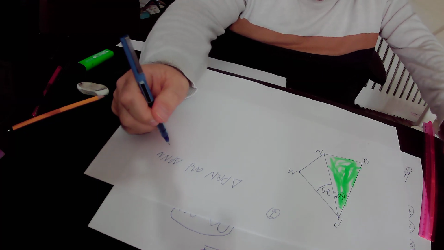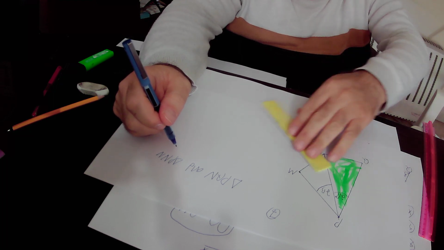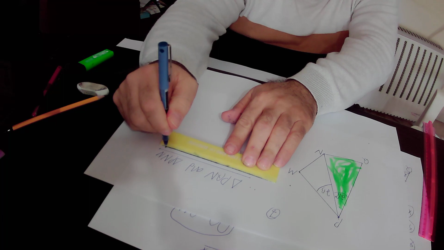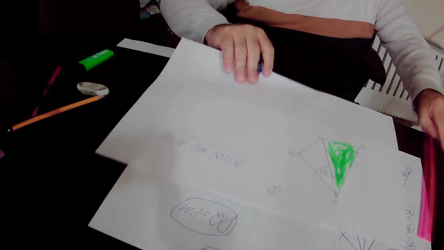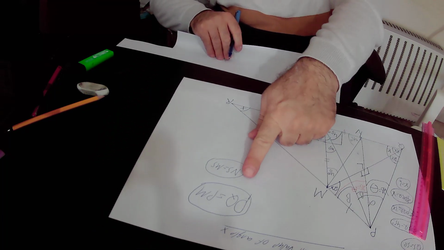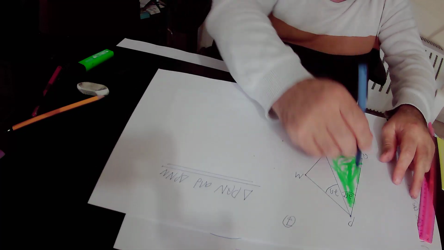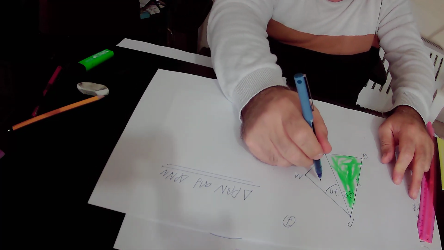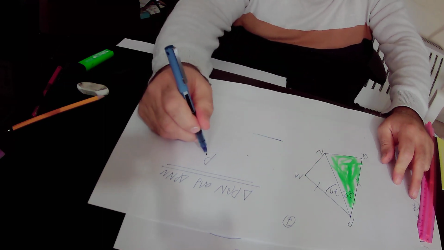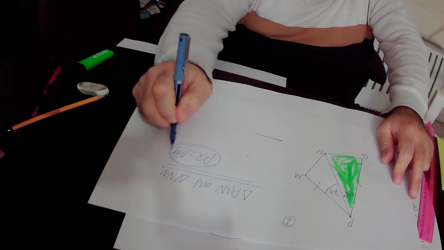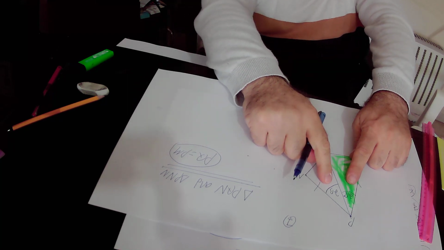So why are they congruent to each other? First of all, we have already found out that PQ equals PM. Here, PQ equals PM. Those two angles are equal to each other.